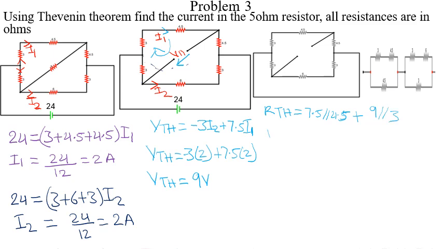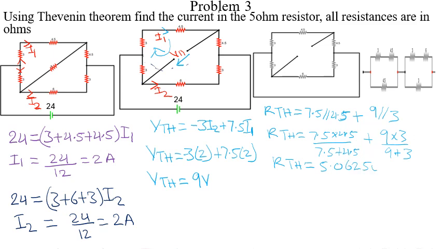So our RTH becomes 7.5 times 4.5 all over 7.5 plus 4.5, plus 9 times 3 all over 9 plus 3. We end up getting our RTH as 5.0625 ohms.